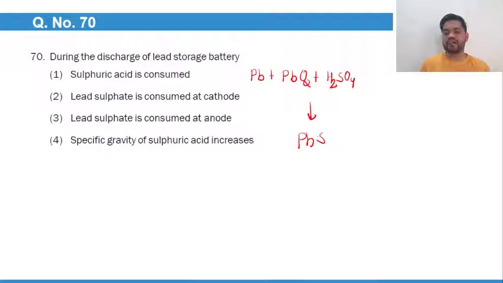This is the discharge reaction of lead acid battery, plus 2H2O. This is what I remember. Now if you see it carefully, here H2SO4 is consumed and lead sulfate is formed. So during the discharge of lead storage battery, sulfuric acid is consumed, so that will be the right answer. So hence for question number 70, option number 1 is the right answer.